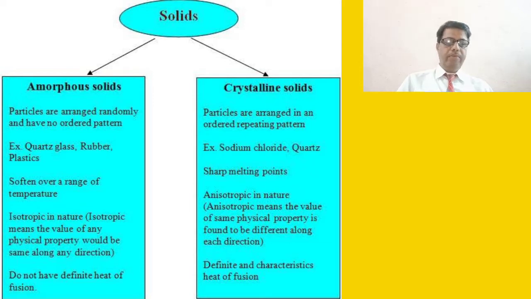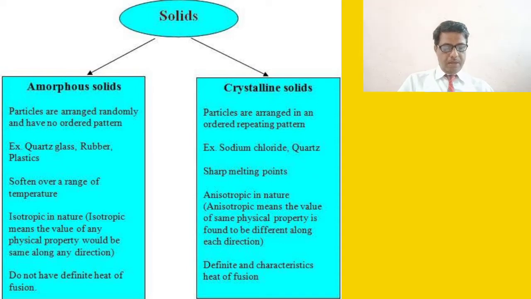Now next, they show the property of anisotropy. What is anisotropy, or anisotropic substances? Here the cubic structure is an exception. There are some properties like refractive index, and thermal and electrical conductivity.